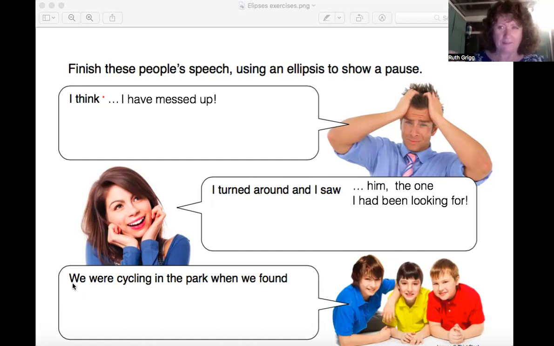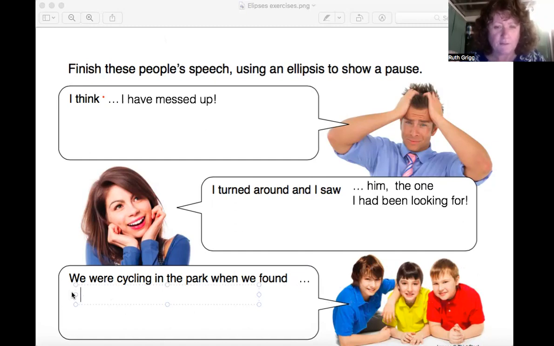Okay. Let's look down at this one. "We were cycling in the park when we found..." what did we find? I'm going to have to put another text there. And when we found, what did we find?